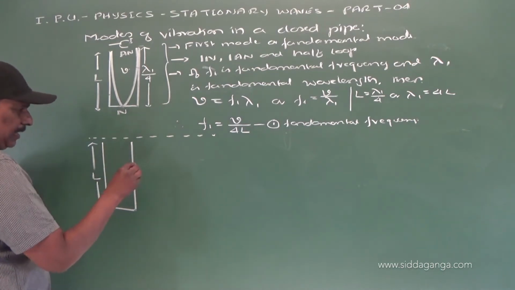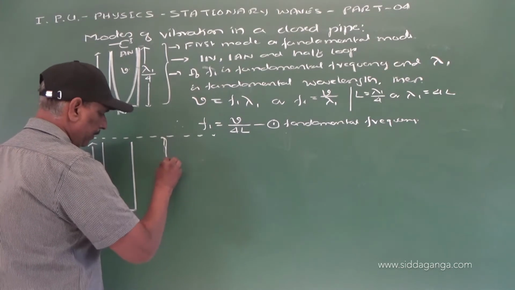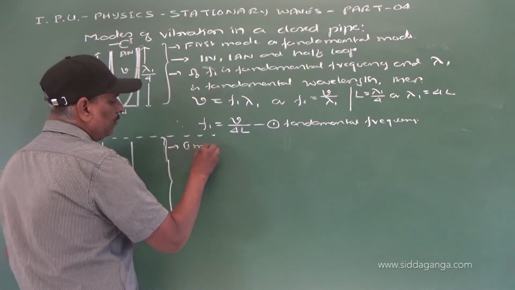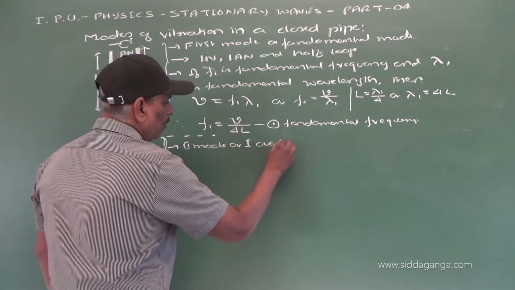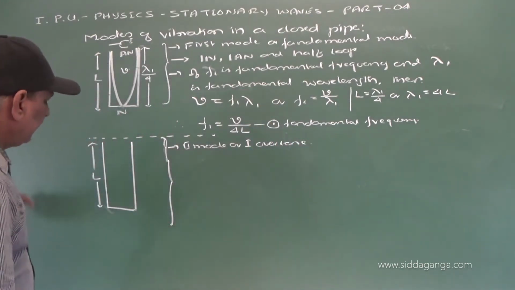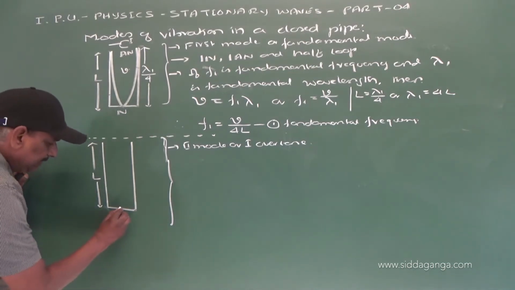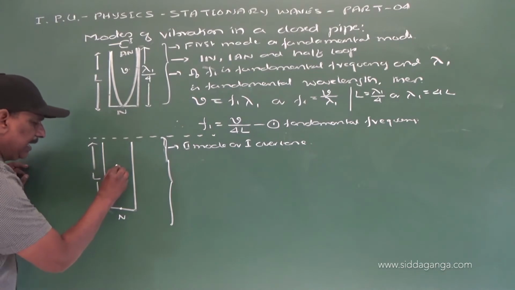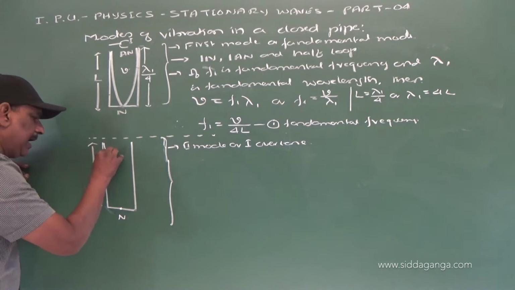In the second mode or first overtone, one node and one antinode will increase. So here a node is always formed, and here we have another node and an antinode.